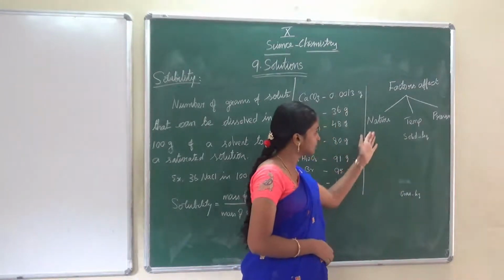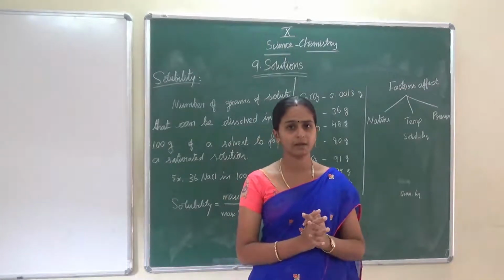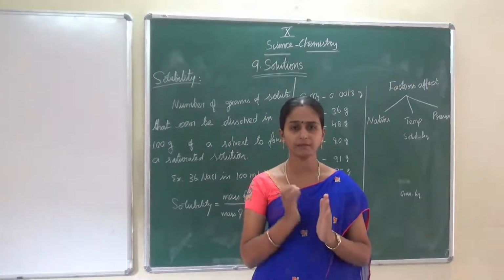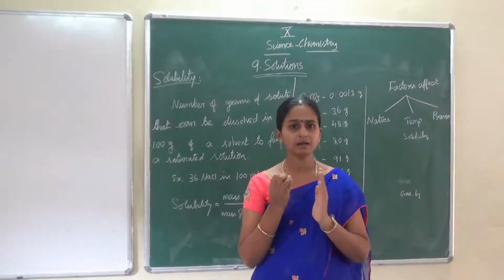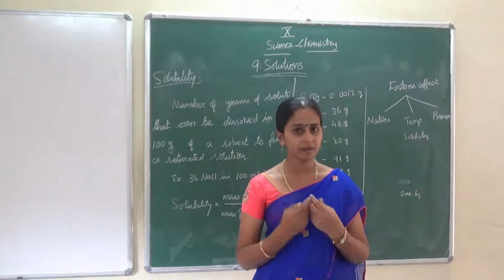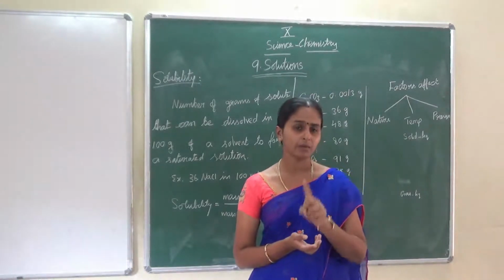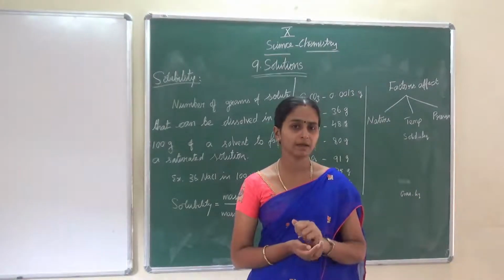The first factor is the nature of the solute and solvent. If both solute and solvent are in liquid form, both will easily mingle. If both are polar compounds, they will easily mingle.